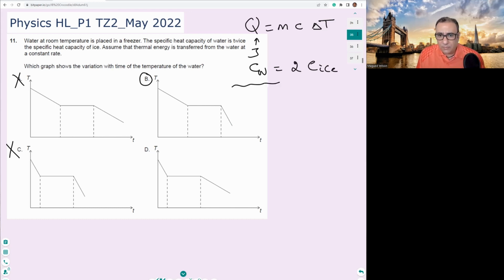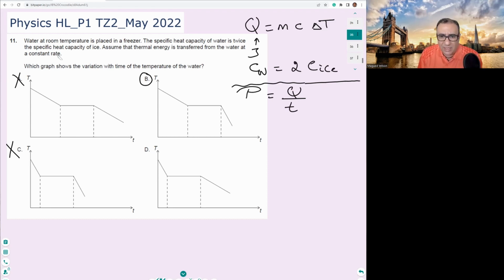So I'm going to say, okay, now I see here energy transferred are the same at constant rate. Now, what is rate of energy transfer? Oh, that is power. So Q over time, this is called rate, right? Rate means over time in physics. So Q over time, which is basically energy over time, which means power, right?